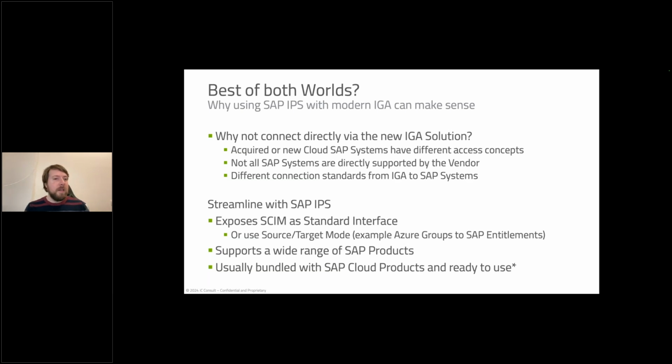Do we have a standard connector from the vendor? Great, we can use it. The vendor will take care of updating the connector. The vendor will take care of updating the whole solution. So if something in the API changes, if you have a custom build, you have to change it yourself.